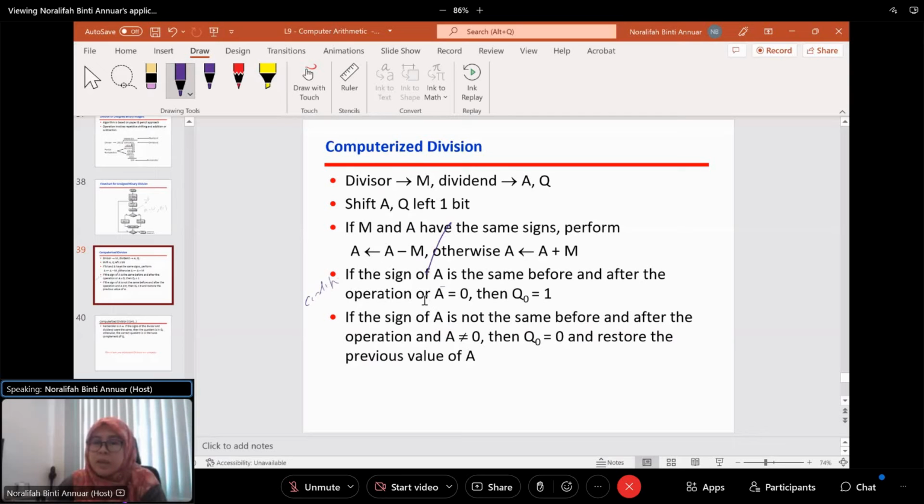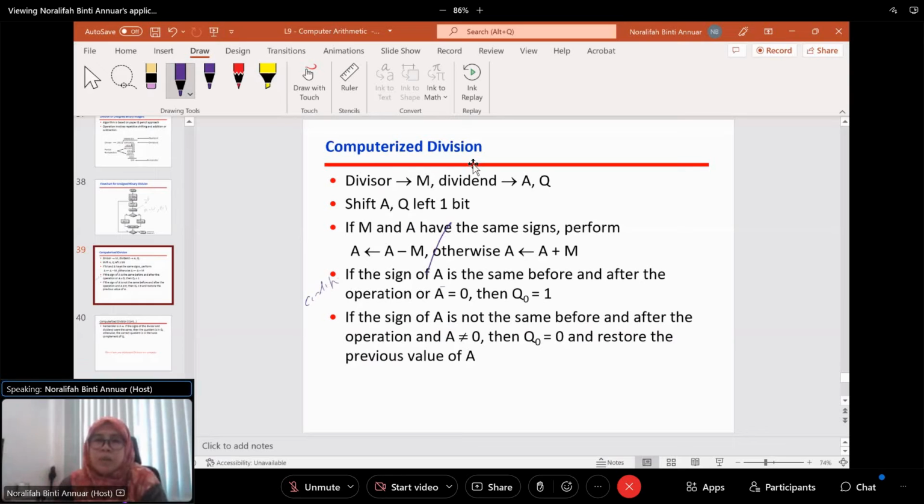This is actually very basic. You have done your introduction to programming already. So an algorithm is a step of instructions. Here it involves a few conditions. If this happens, do this. Like, if Q0 is 1, if Q1 is 0, do this.